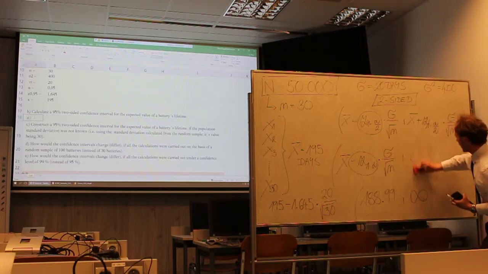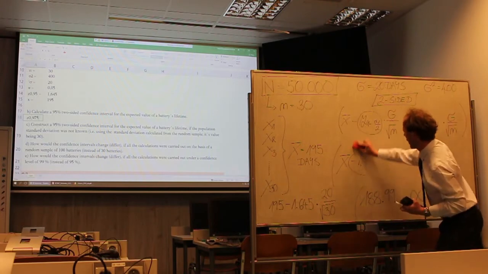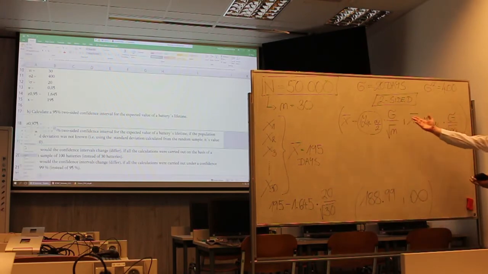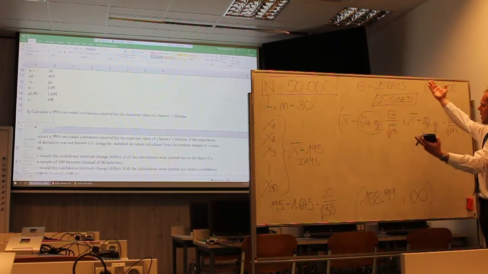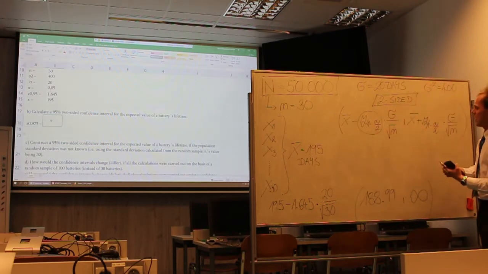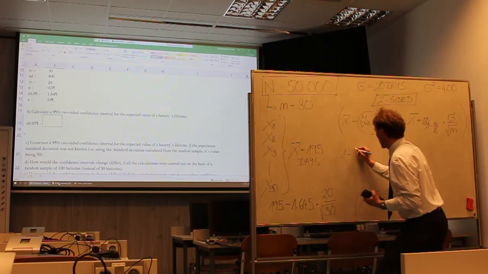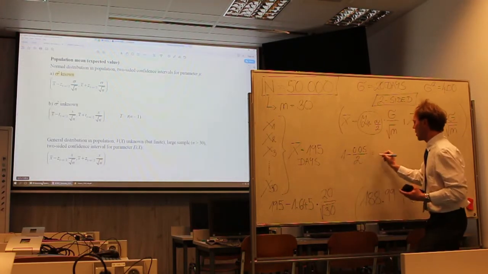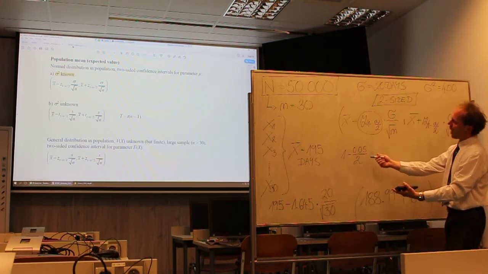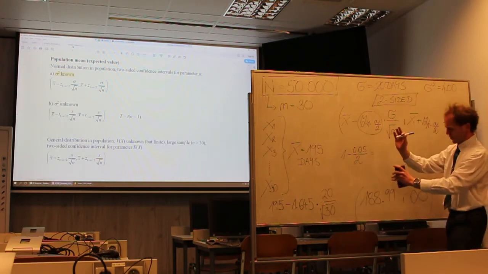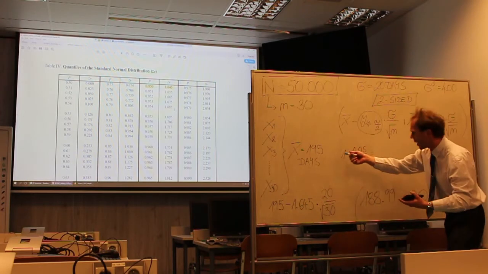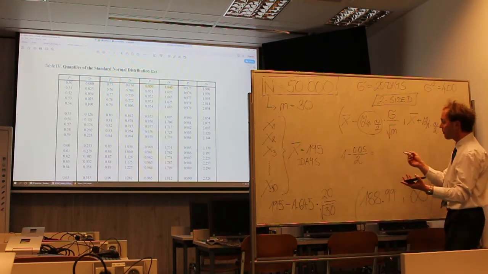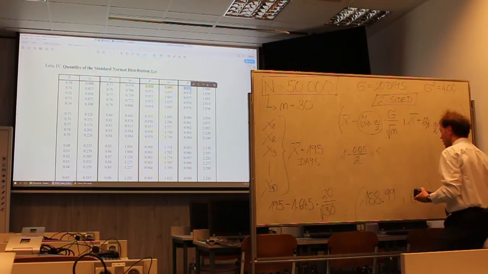So I will delete this formula in the middle and we will find the standard normal distribution quantile 1 minus 0.05 divided by 2. Half of 5% is 2.5%, and 100 minus 2.5% is 97.5%.